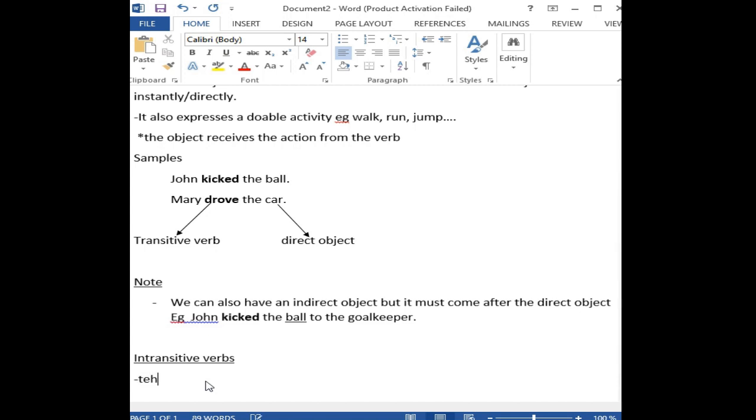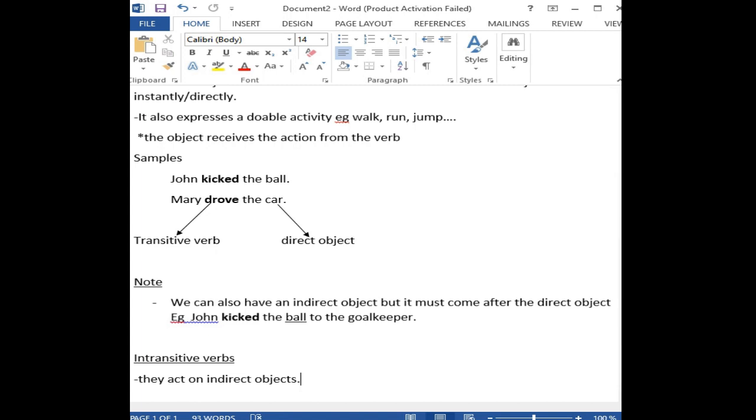It will say they act on indirect objects. Now, by acting on an indirect object, I mean the following. If I have this ball and I say John kicked the ball, that's a direct object.